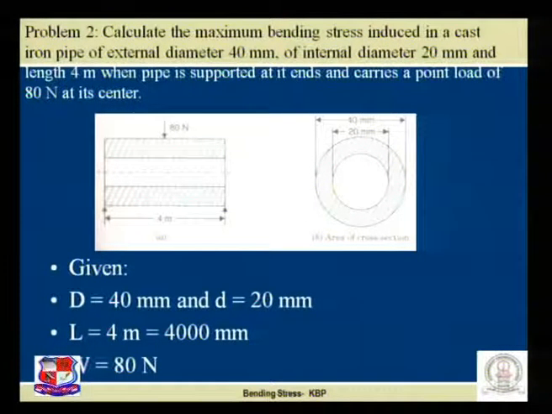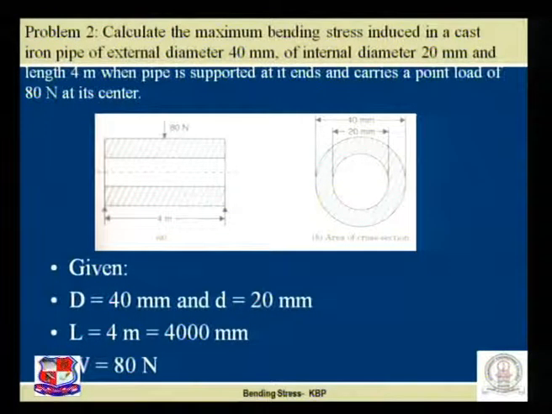We can use the simple equation M over I is equal to F over Y. Using it, we know that the maximum bending stress occurs when Y is equal to Y maximum. That is, the maximum bending stress occurs at the top fibers or at the bottom fibers. So Y max is nothing but capital D by 2.